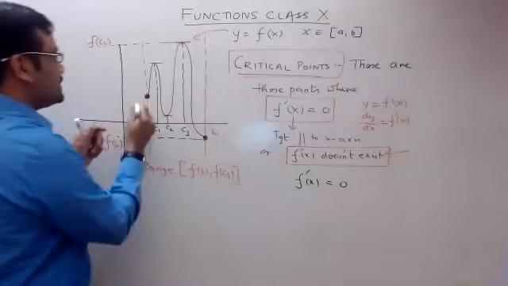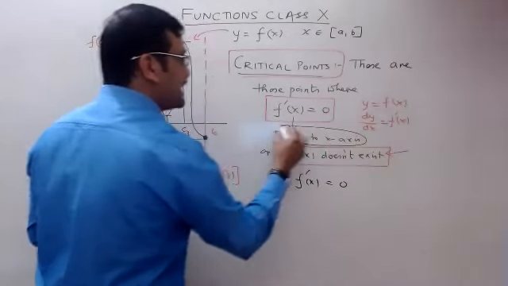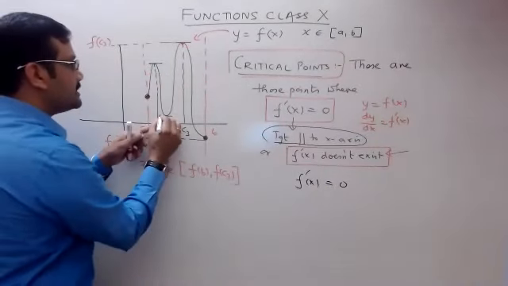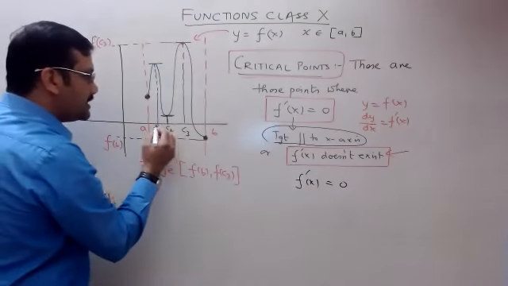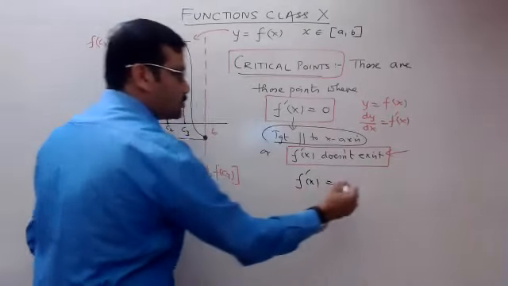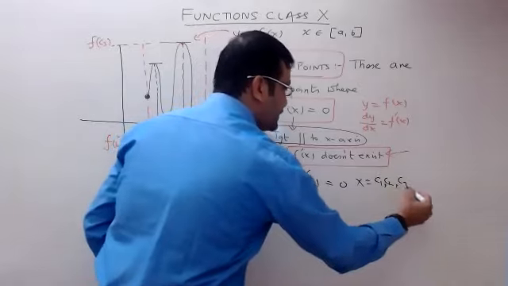In this curve, see, f dash x 0 means tangent parallel to x-axis. So this point you will get tangent parallel to x-axis. This point you will get tangent parallel to this. So this C1, C2, C3, these turning points you get from f dash x 0. So you get x is equal to C1, C2 and C3, right?